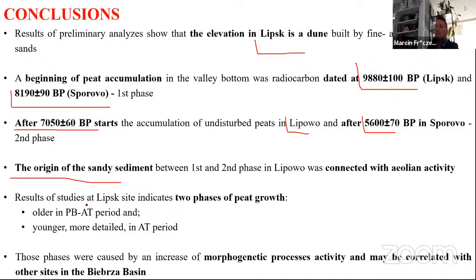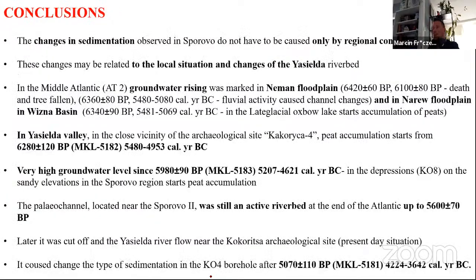And at the Lipsk site, we are dealing with two phases of peat growth, the older in the Preboreal-Atlantic and the younger in the Atlantic period. Those phases could be connected with morphogenetic process activity, and it correlates quite well with other sites in the Biebrza Basin.